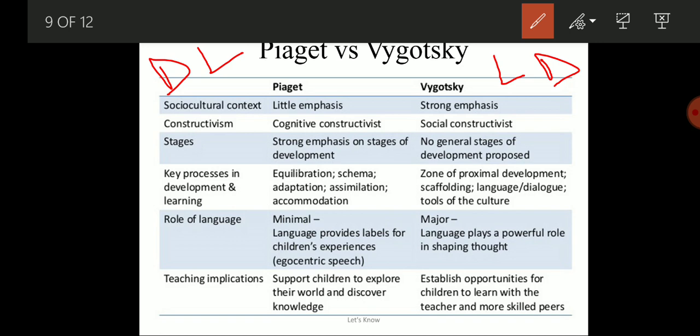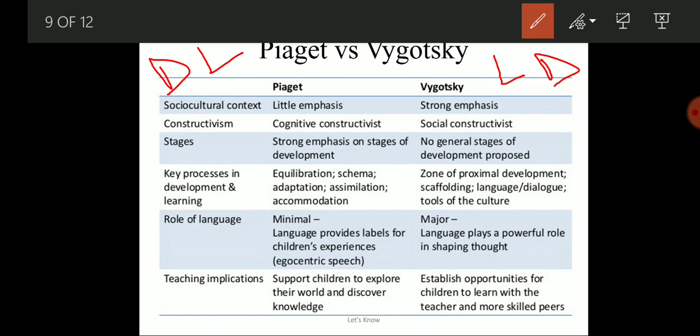Okay, role of language. Here Piaget said language provides labels for children's experience, and he used the linguistic concept very little, but Vygotsky thought that language plays a very important role, that is, his aspect is major.